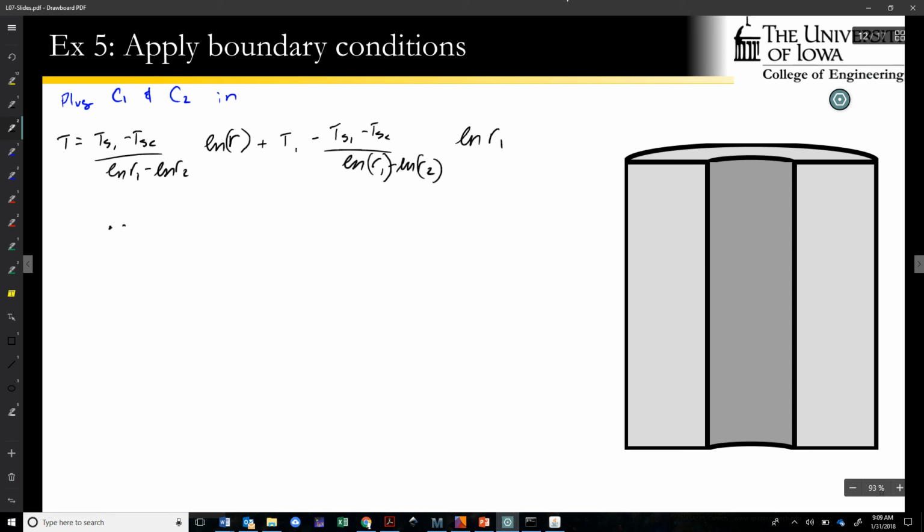And if we slogged through a couple more algebraic manipulations, we'd end up with our particular solution of TS1 minus TS2 over ln of R1 over R2 times ln of R over R2 plus T2.